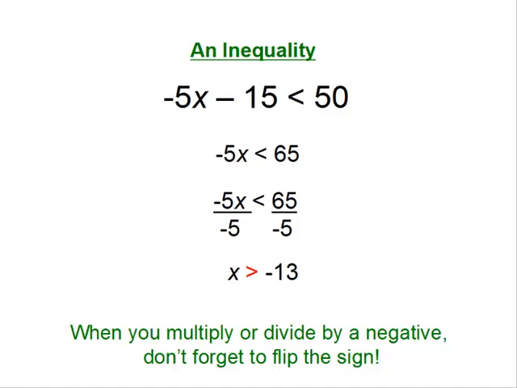And this is because if you look at a number line, the negative part of the number line is like the mirror image of the positive part of the number line. Everything is backwards there. So think backwards means you flip the sign.